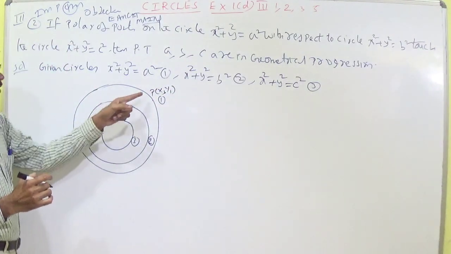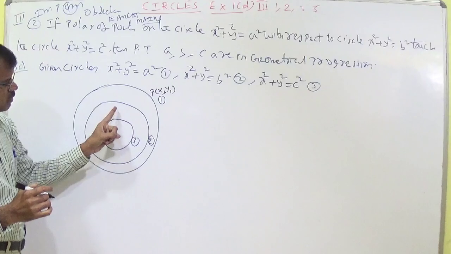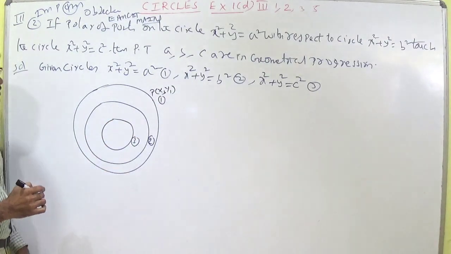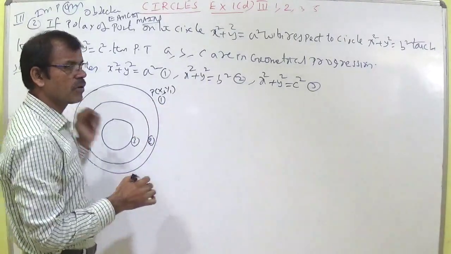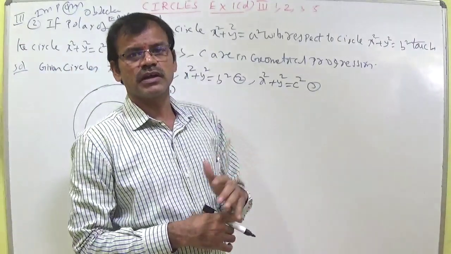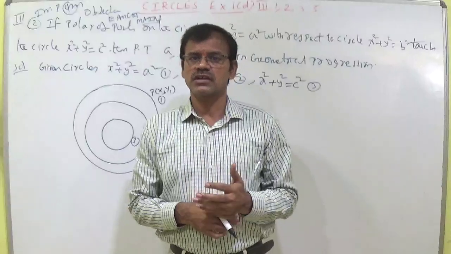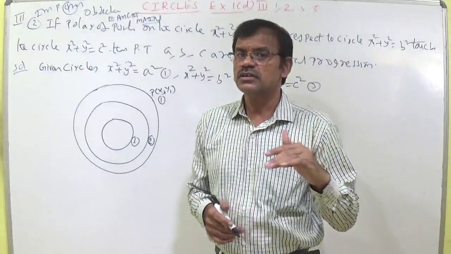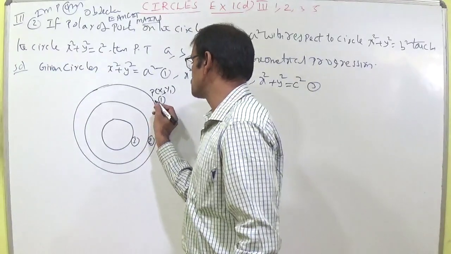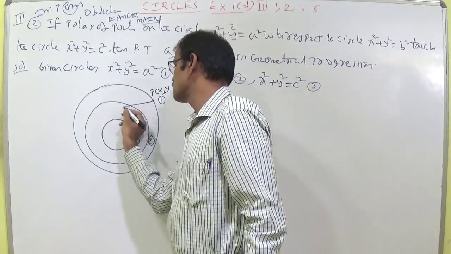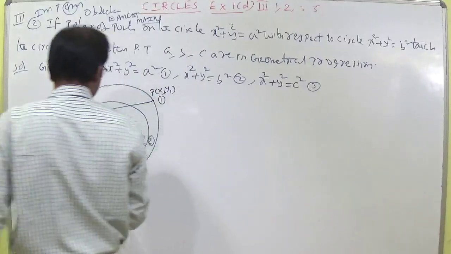Whenever the point P(x1, y1) is outside of the circle x square plus y square is equal to b square, to get the polar, from any point, external or internal, anything in the plane of the circle, we should draw a secant. That secant should intersect the circle in two distinct points. So draw like this, in two distinct points.